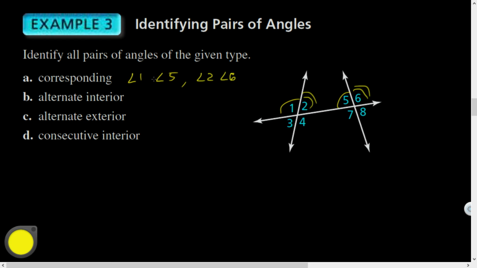I kind of have to, whatever, that's fine. I should probably write "and" between these, but you get the idea. Corresponding angle to angle 3. You guys are experts here. Also, ooh. Oh, I should actually not label them as such anymore, because I don't know these two are congruent unless those are parallel.